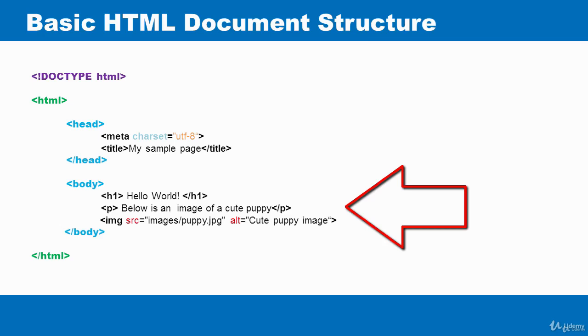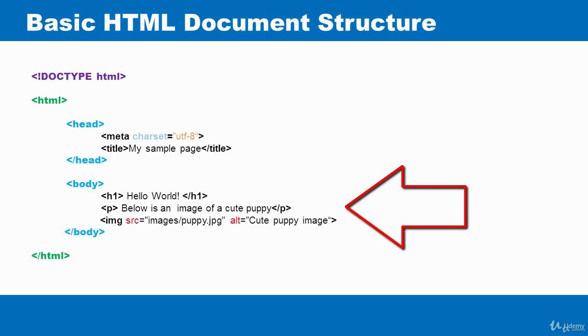It contains all the content that you want to show to the web user or visitor when they visit your page, whether that is text, images, videos, games, playable audio tracks, or whatever content you have to place between the body element for the visitor to see it.